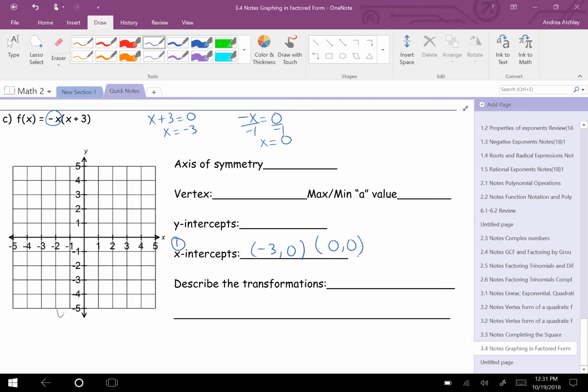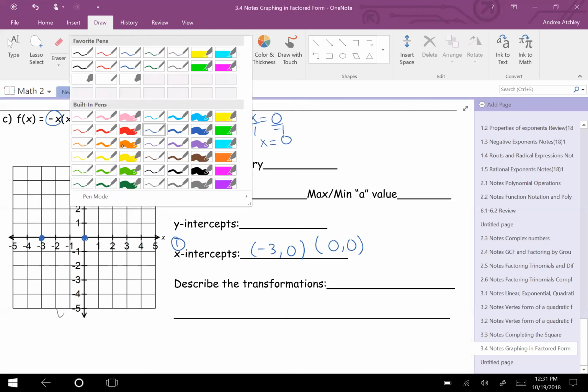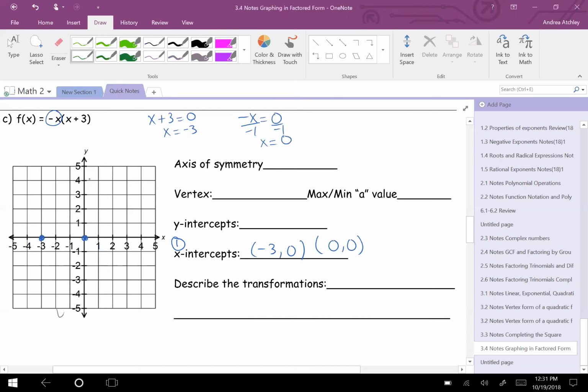So let's graph those. I'm going to go where x is -3 and y is 0, and then where x is 0, 0. Okay. My a value. Anyone have an idea of my a value? -1, very good. My a value is right here.